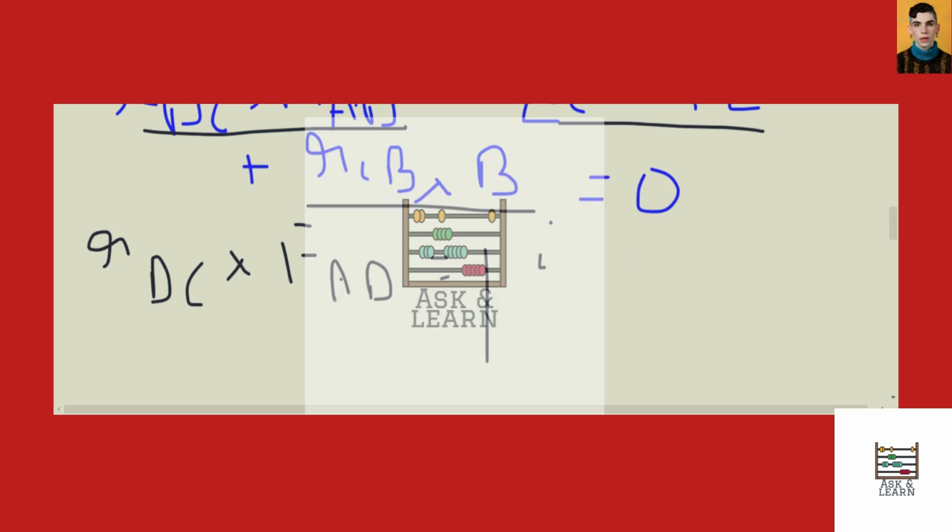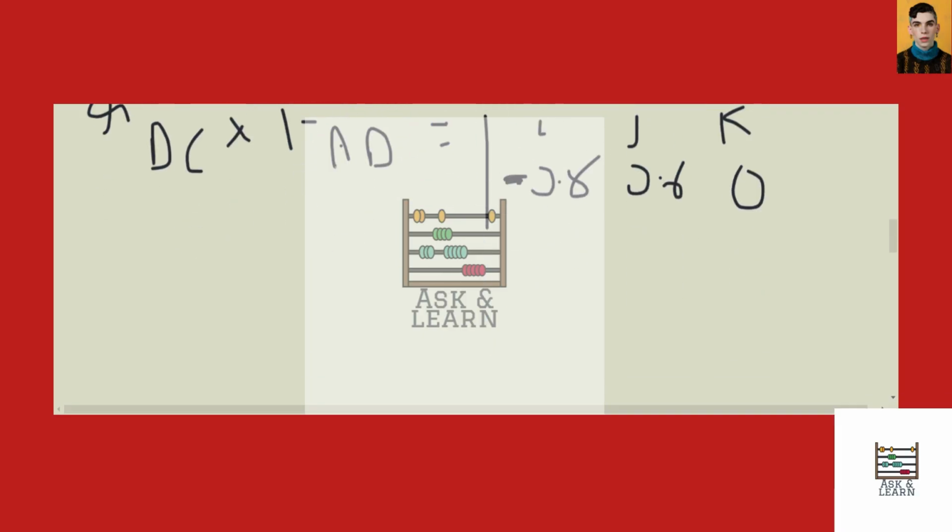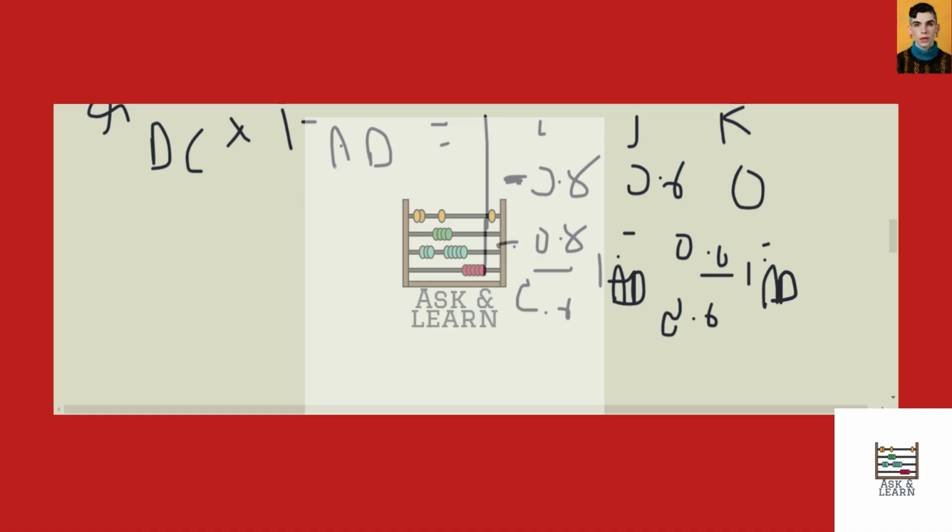So first of all, we will have the unit vector components i, j, k. Then the R components, minus 0.8, 0.6 and 0. And then we will have FAD components, which are minus 0.8 divided by 2.6 FAD, then 0.6 upon 2.6 FAD, and the Z component will be minus 2.4 upon 2.6 FAD.